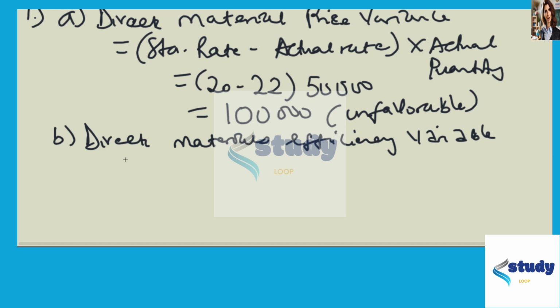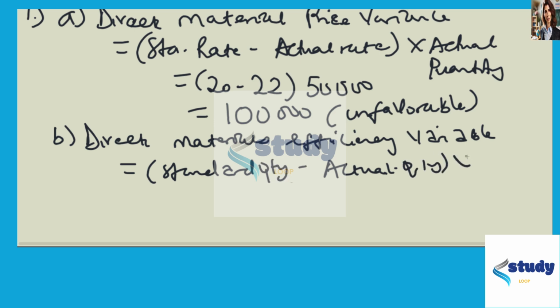This is equal to the standard quantity minus the actual quantity, multiplied by the standard price.